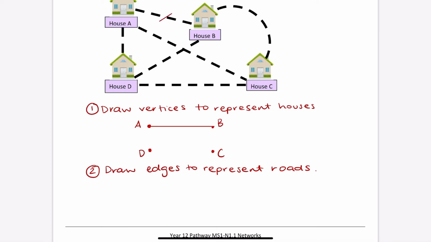A is also connected to C, so that line's gone. B is connected to D, so that line's gone. A is connected to D, this line's gone, and so on and so forth until all the lines are part of the edges of the network.